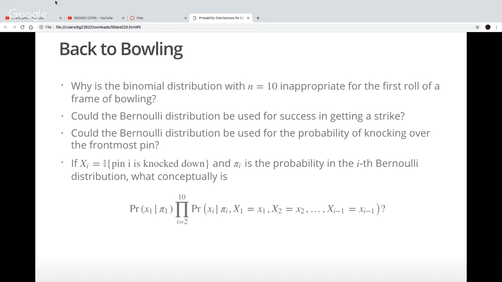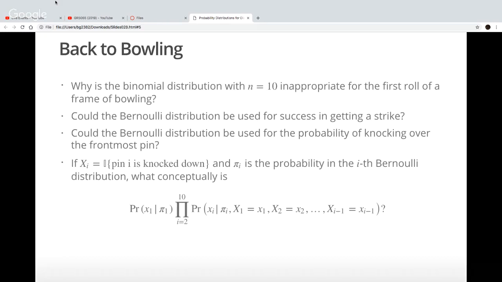Yes, that's exactly right. So this product thing, okay, so first we start with the marginal probability that the first pin gets knocked down or doesn't, success or failure there. Then multiplied, starting with i equal 2, so we're just going to not have any of this, just the probability that the second pin gets knocked down, given its probability, and given the fact the first pin was or was not knocked down.